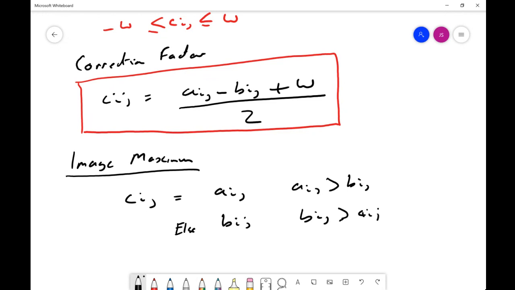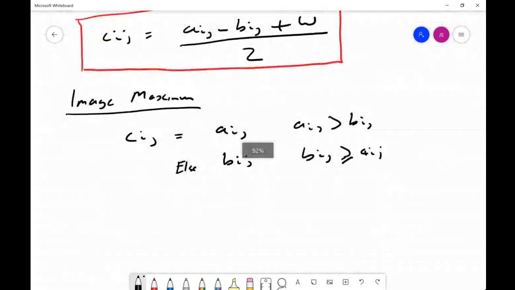And of course, there could be a situation where they're both equal, so one of these can be greater than or equal to. Let's have the bottom one there. So there's no problems with the image max.